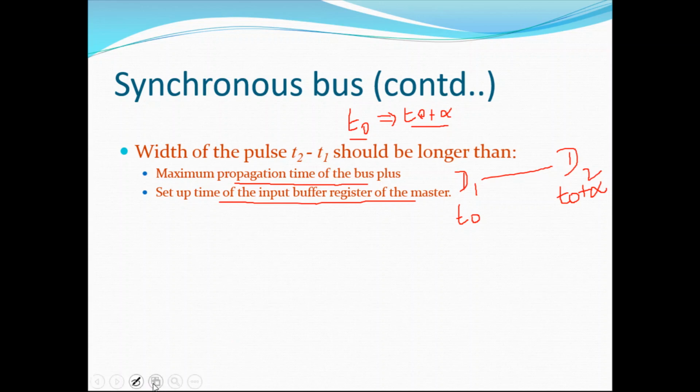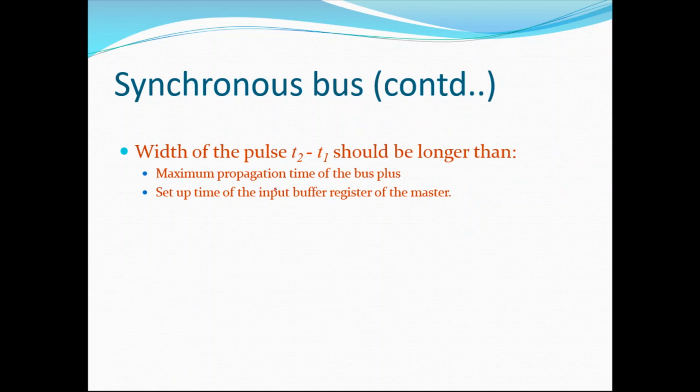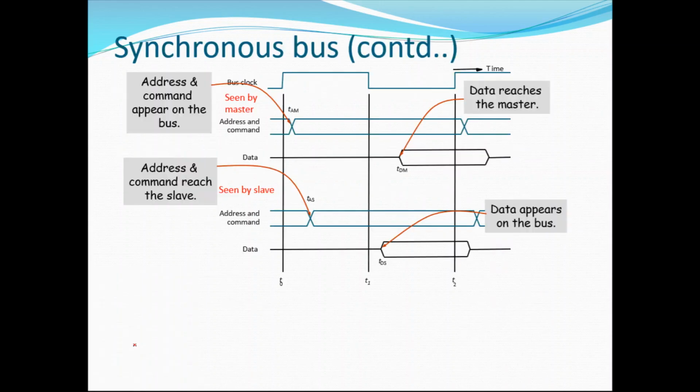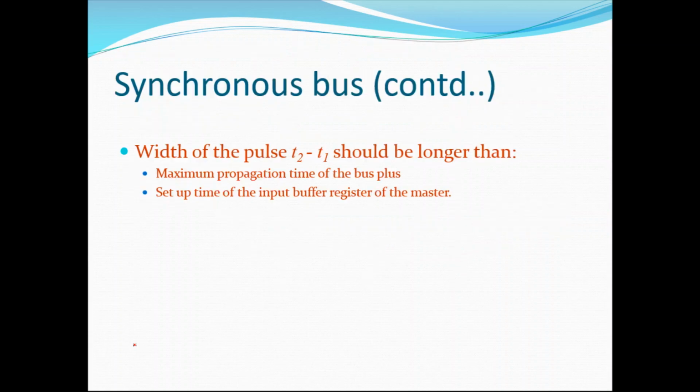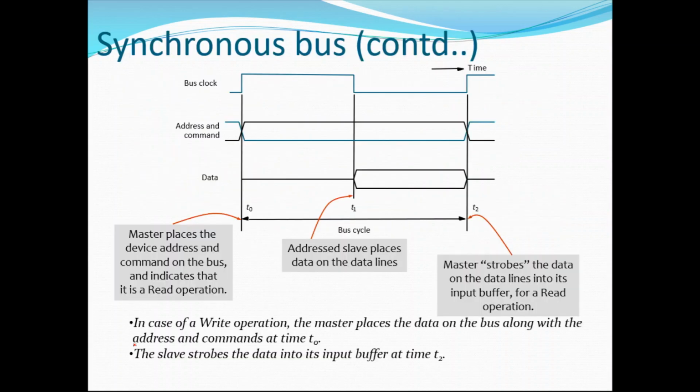Okay, right? So T2 minus T1 also includes the propagation delay plus the setup time of the input buffer register of the bus master. Okay, right. See actually in this first timing diagram, whatever we have discussed, here we have not shown the propagation delay and all.